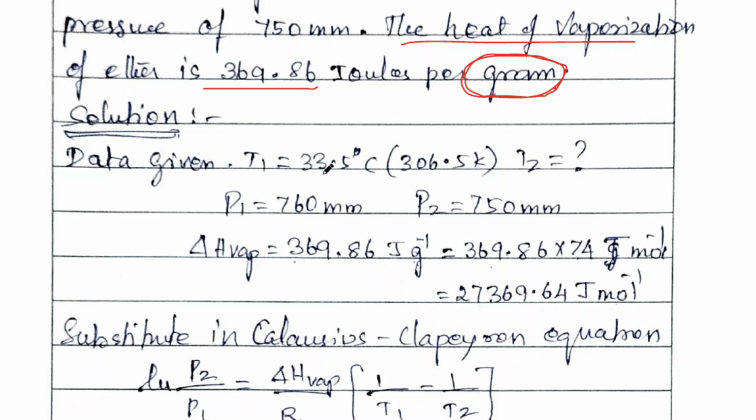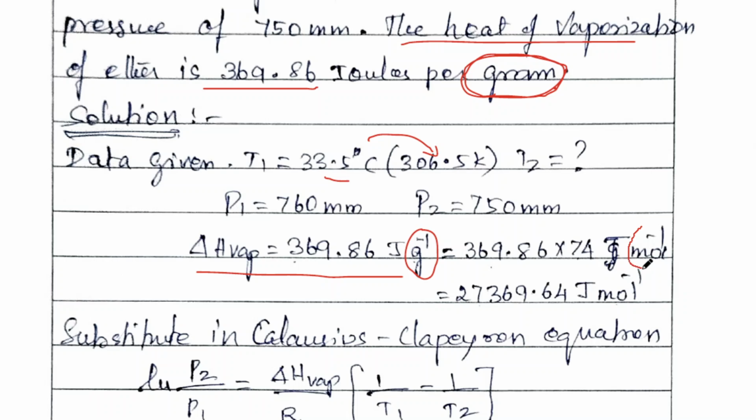T1 is given, that is 33.5 degrees Celsius. Upon converting to Kelvin, it becomes 306.5 Kelvin. T2 we have to find out. Pressure P1 we know is 760 mm of mercury, and P2 we are going to calculate for 750 mm of mercury. The delta H vaporization is given, 369.86 joule per gram, which we have to convert to per mole.